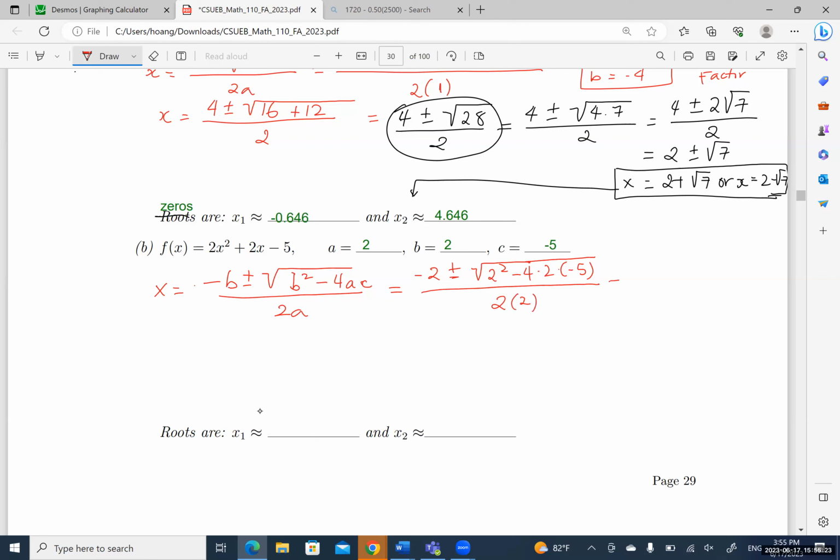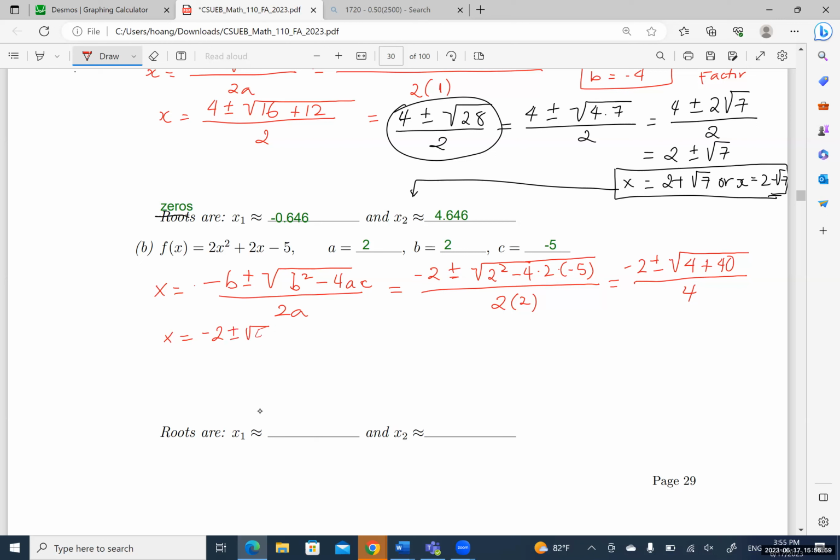Simplify: -2 plus or minus the square root of 4 plus, actually, 20 times 2 is 40, and everything divided by 4. Okay, one more time simplify, x equals -2 plus or minus the square root of 44 divided by 4.